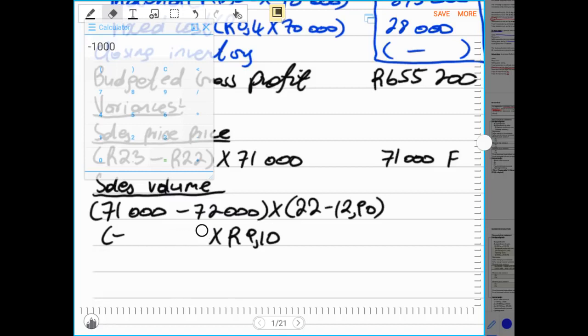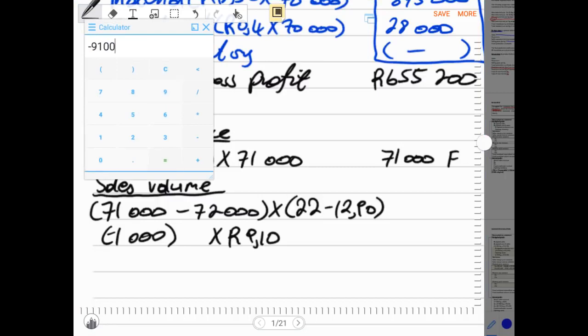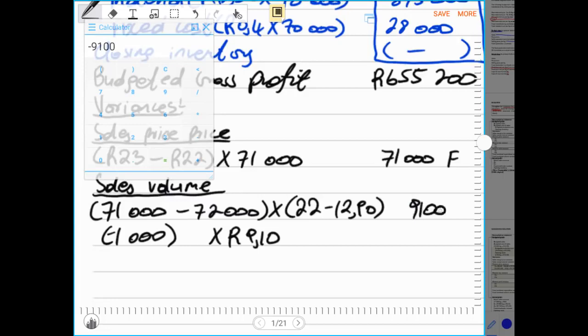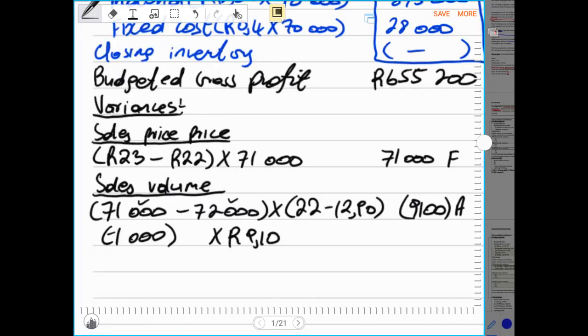That is 1,000 times 9.10. It is 9,100. The 9,100 is an adverse variance, a negative variance, because we sold 71,000 instead of selling 72,000 units. So that will be 9,100, a variance that will be unfavorable.